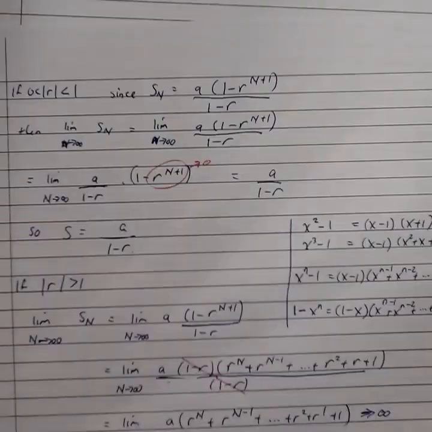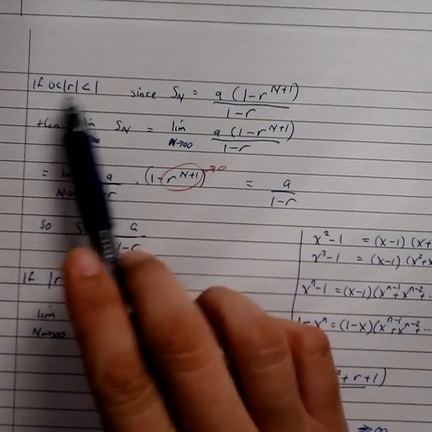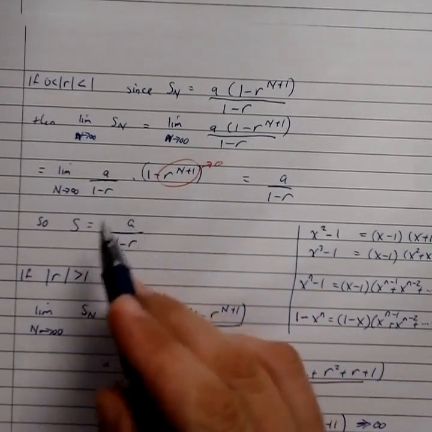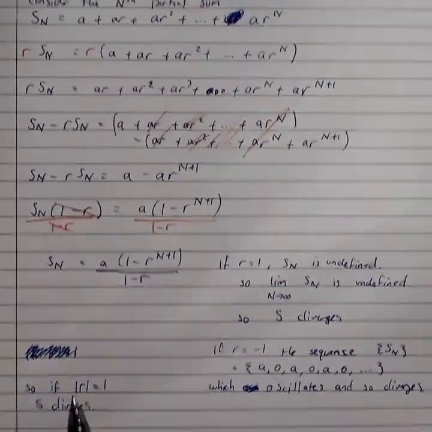We find that for a geometric series, if your r in absolute value is between 0 and 1, you get convergence to this number. Otherwise, if the absolute value is greater than 1, or if the absolute value is equal to 1, the whole thing diverges.